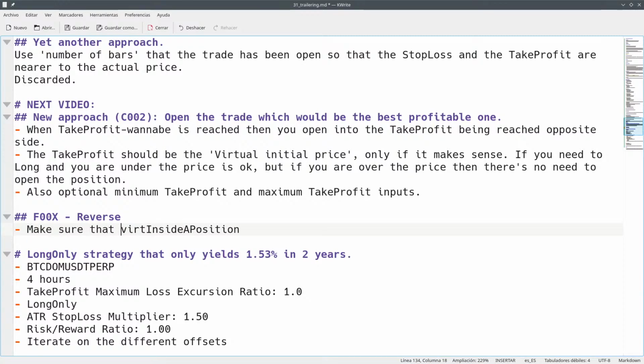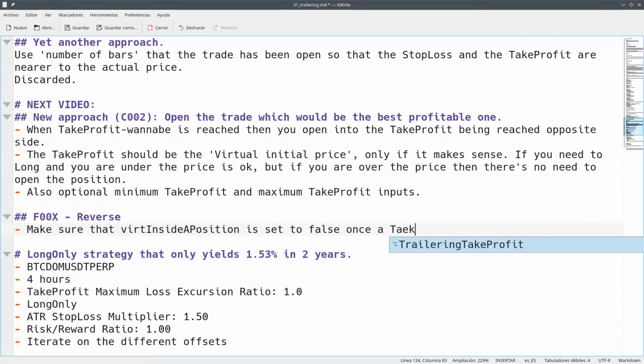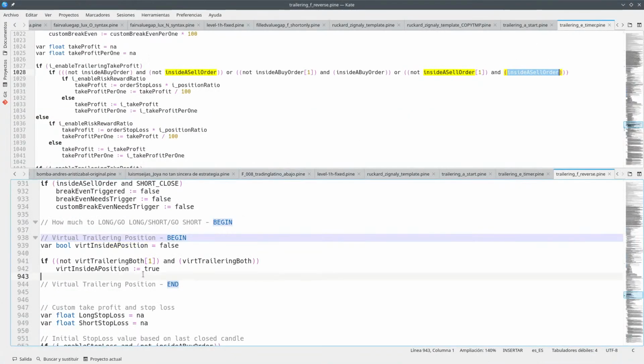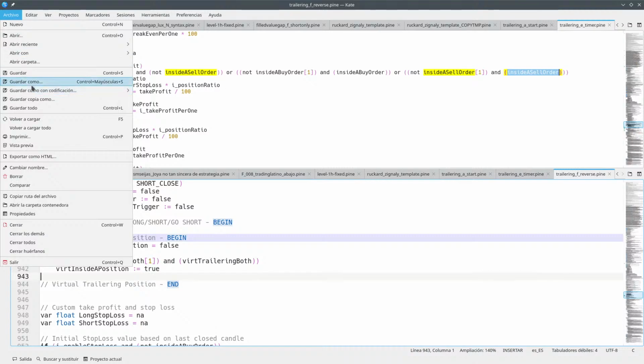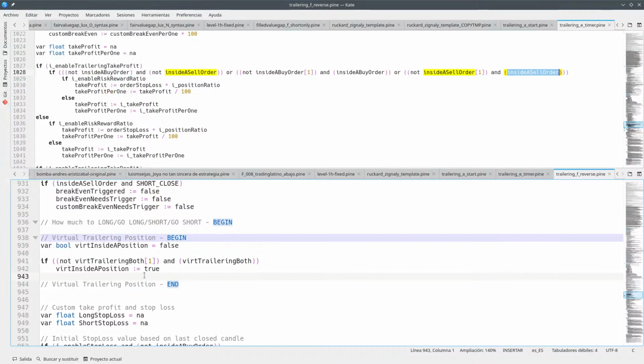Make sure that virtual is set to false once take profit has been reached. We need to modify this later, but so far we are not going to modify it because that's what we have.